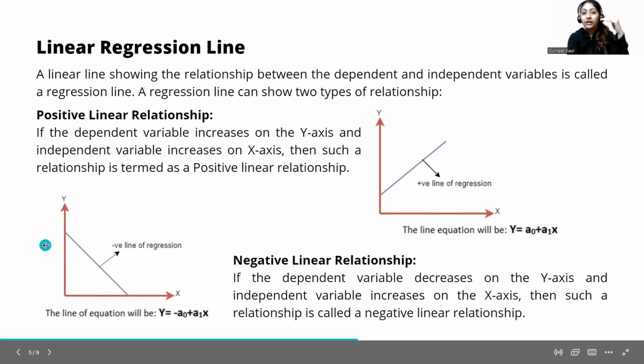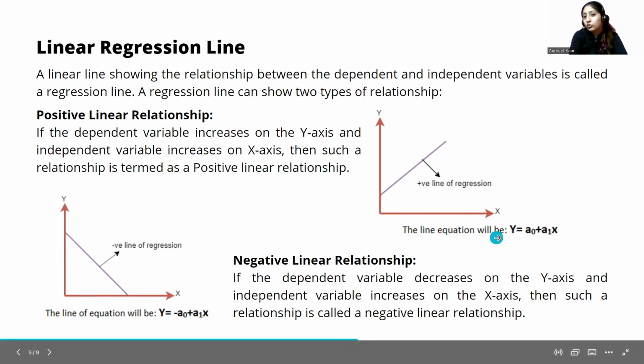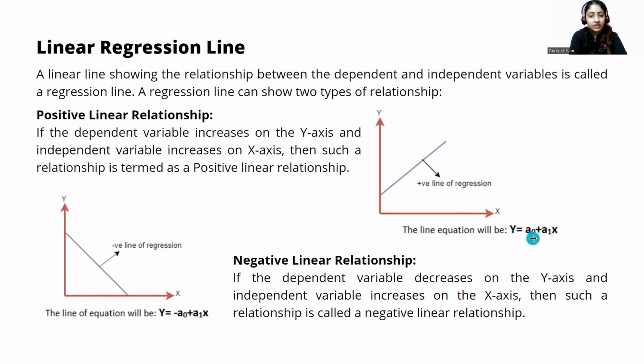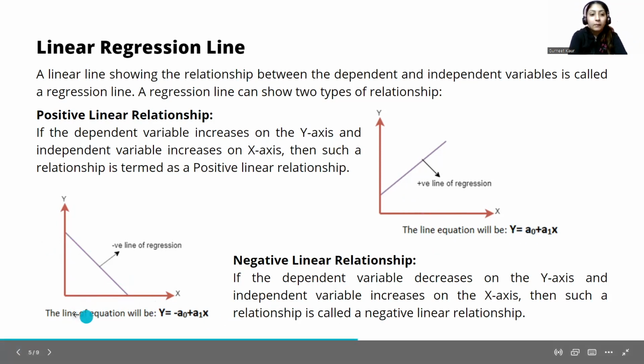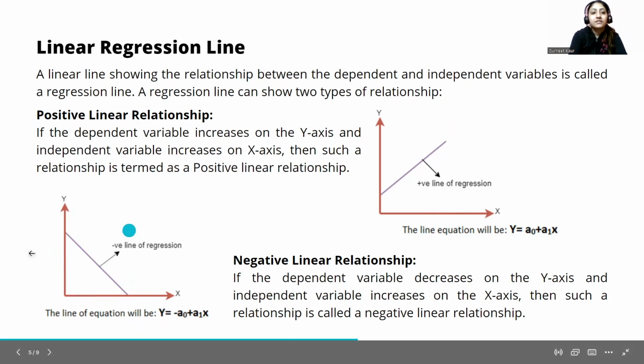So the slope of the line is going down. In the positive case the equation will be y = a0 + a1x, but in this case it will be y = -a0 + a1x. So this is a positive line of regression, and this is a negative line of regression.